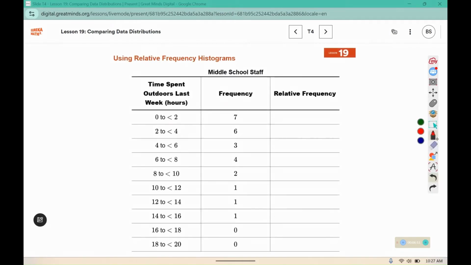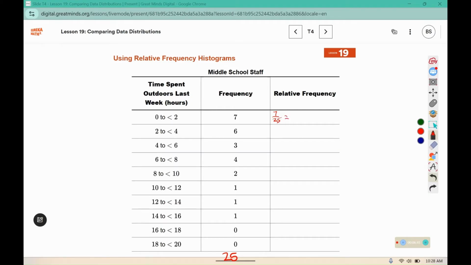Again, we need to find the total of all staff members. So 7 plus 6 plus 3 plus 4 plus 2 plus 1 plus 1 plus 1 plus the 2 zeros gives us a total of 25 staff members. So to find the frequency here, we're going to do 7 out of 25.